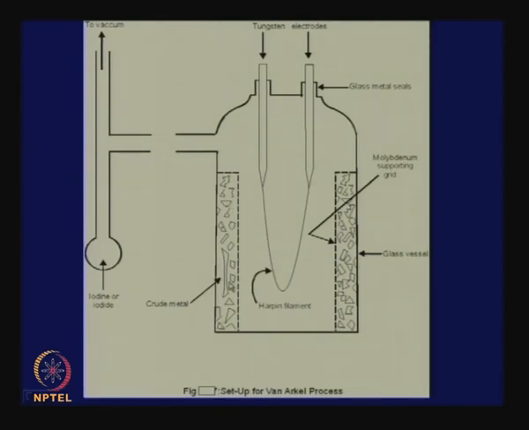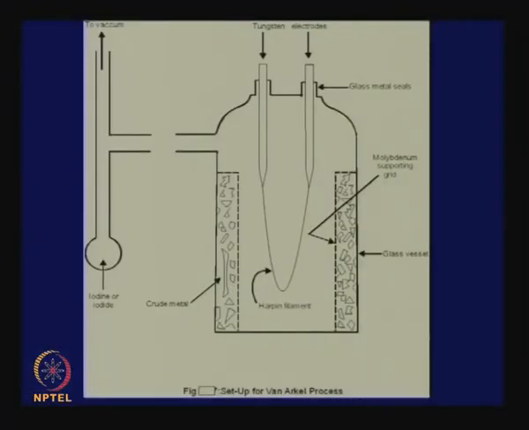Now, this is one design. Essentially, we are able to have in the same chamber two temperature zones. One zone is here, another zone is here, and the way it is done is very convenient, in that the crude metal stays here and the pure metal grows at another place, and iodine is coming here, picking up tungsten from here, going there and getting dissociated as tungsten iodide, and it keeps going on.